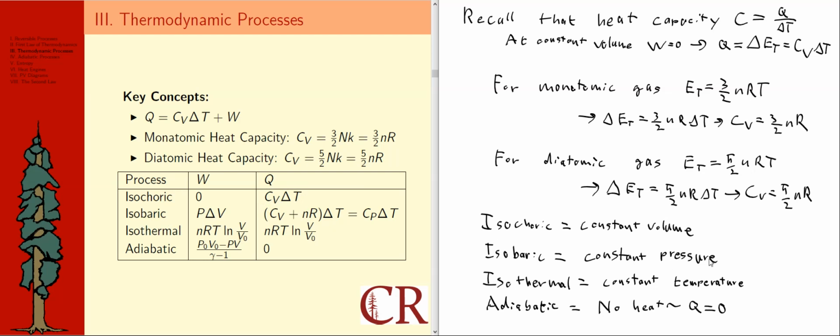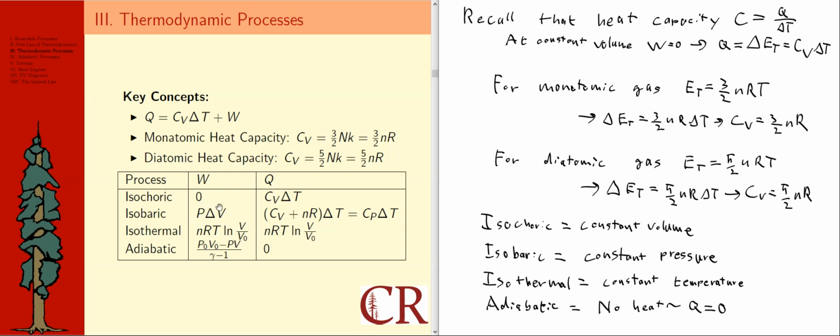Isobaric means constant pressure. And when pressure is constant, the work done by that system, normally we'd say force times displacement if force is constant, right? But if we take displacement and multiply that by area and interpret that as volume, and then take that force and divide by area, that then would be a pressure.